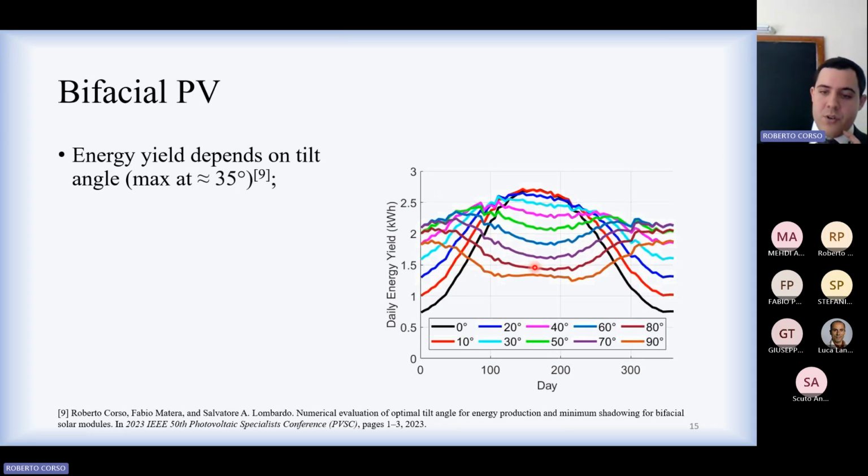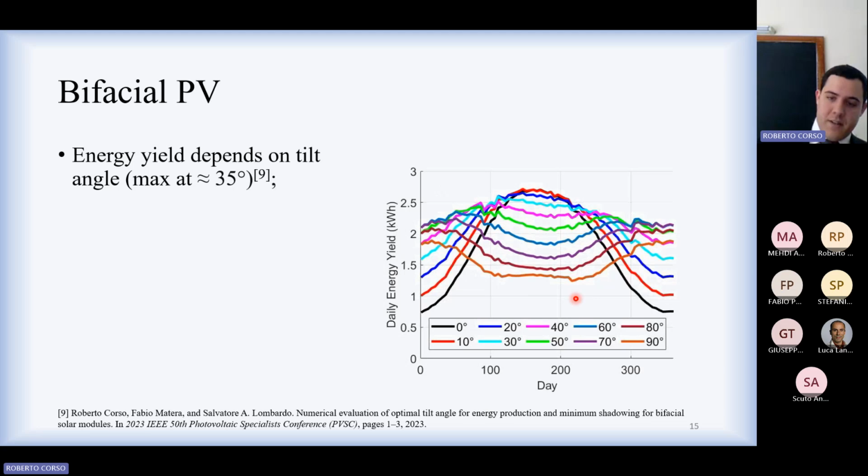Here we see a simulation where the same module has been simulated with different tilt angles ranging from 0 to 90 degrees over a whole year of simulation. And as we can see, the energy yield day by day depends, of course, on the tilt of the system.